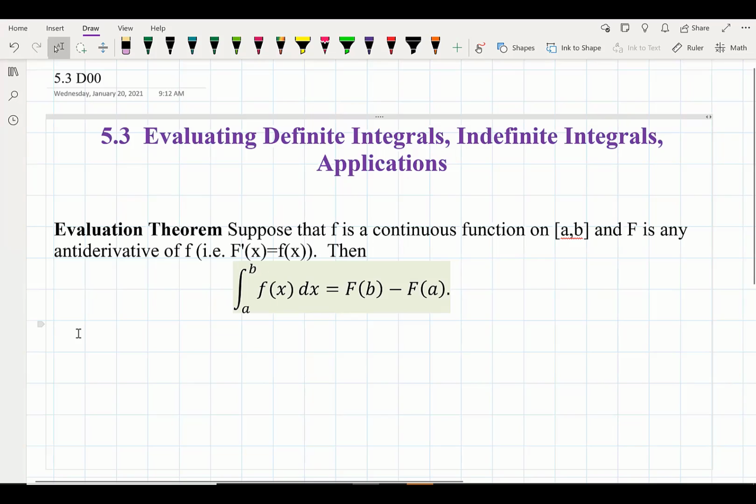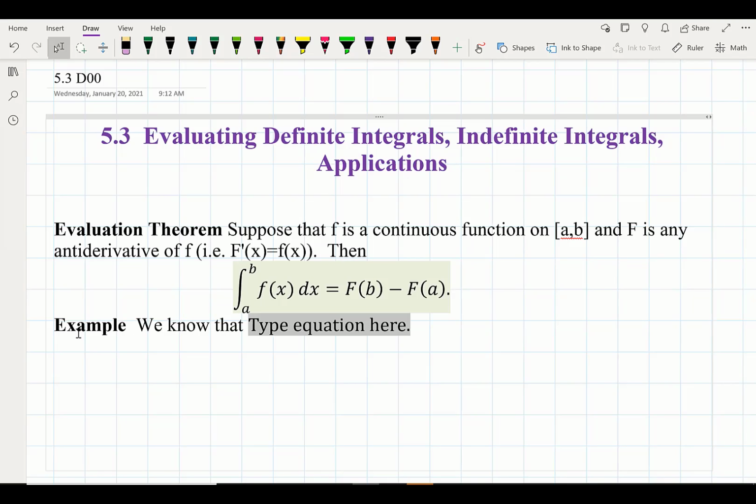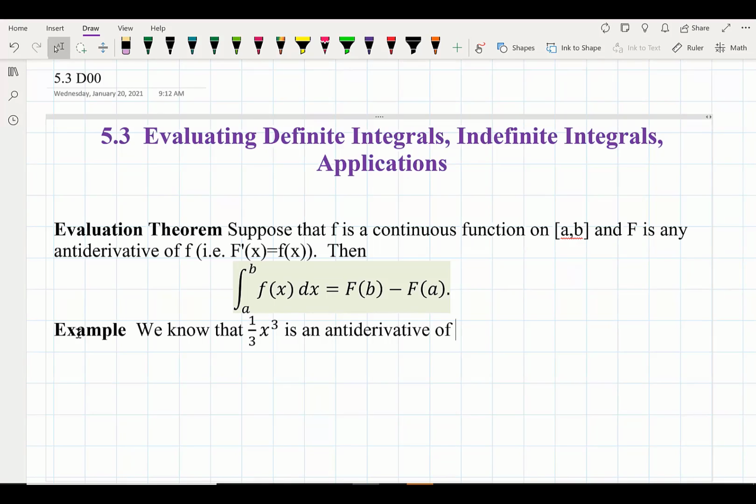Let me give you an example. We know that 1/3 x cubed is an antiderivative of x squared.